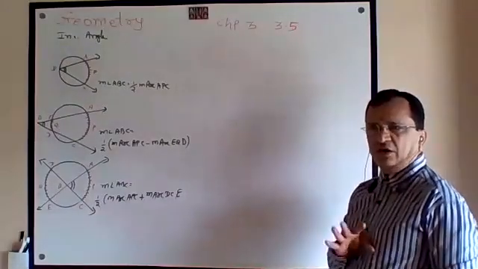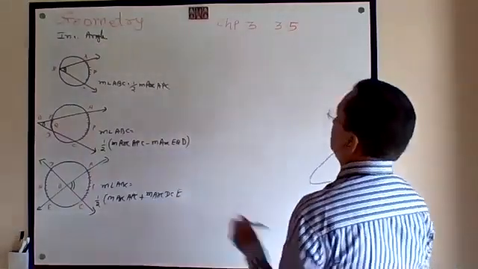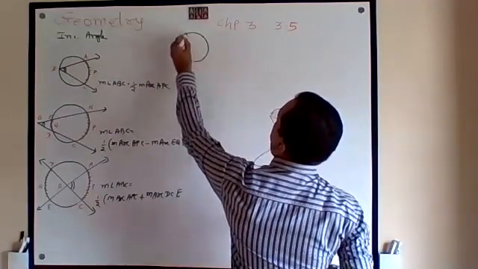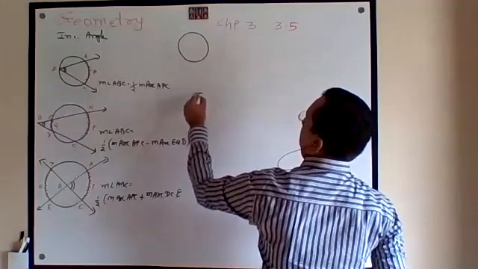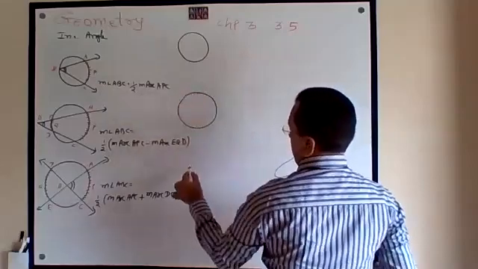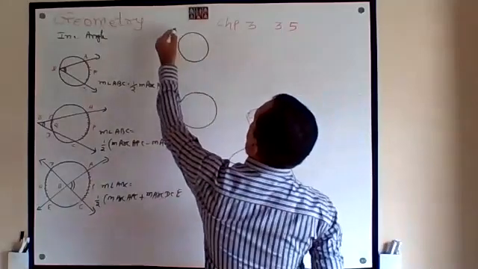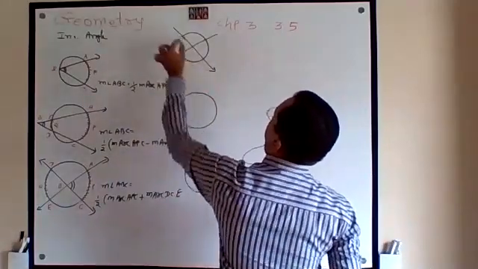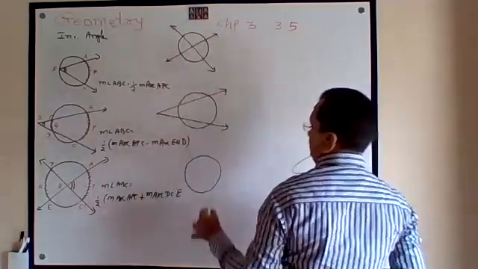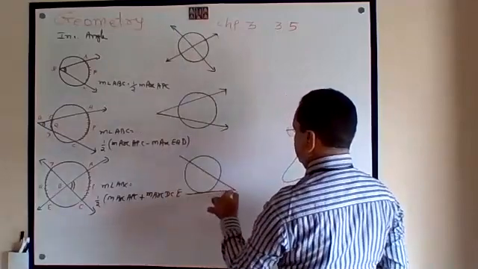Now three formulas on the base of segments. Again I draw three diagrams. When two lines intersect inside, when two lines intersect outside, and when one is tangent and one is secant.